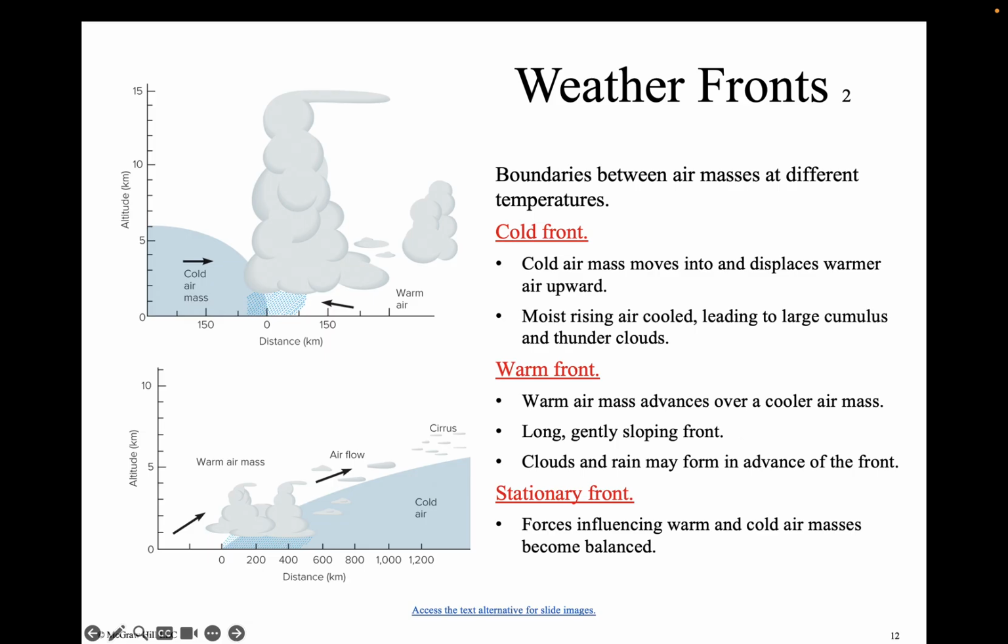Now you can ask me why this matters. Why am I learning about this? Well, the fronts, like I said, are where the active weather will happen. The interaction between the cold and warm air masses can cause clouds, precipitation, and also more aggressive types of rain like storms or thunderstorms, okay?